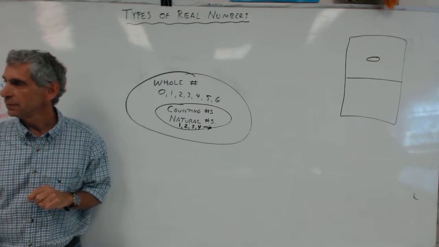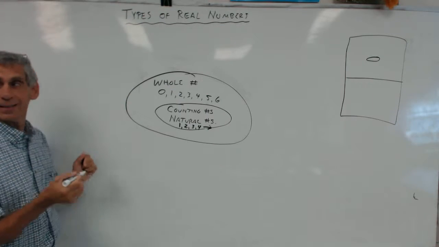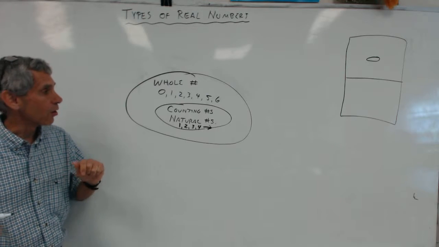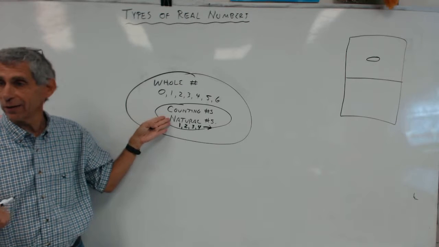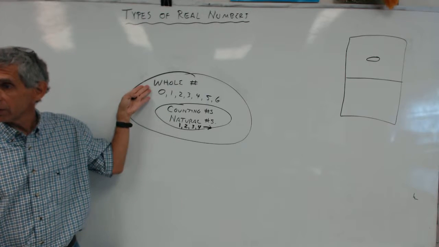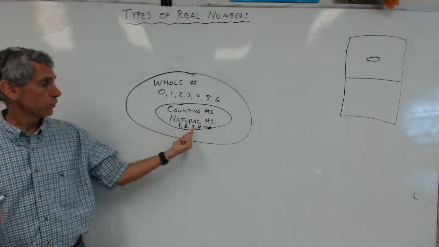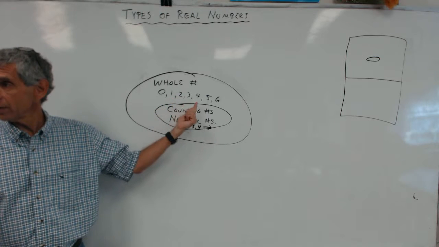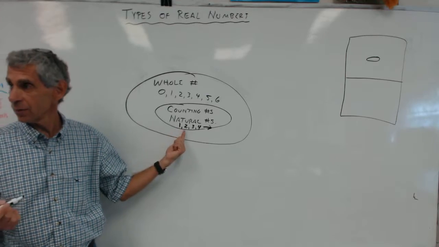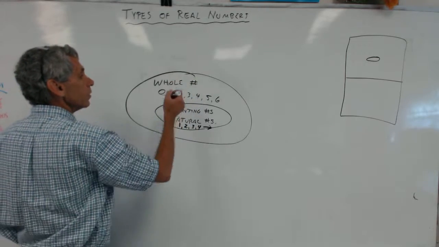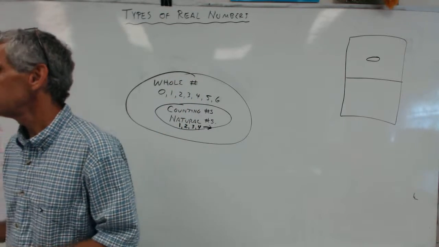See that? Okay. Now the cool thing is all the natural and counting numbers are also whole numbers, right? 1, 2, 3, and 4 are also part of the whole numbers. Do you see that? But the 0 is not part of the counting numbers or natural numbers. Now, are there fractions or decimals, or is it just counting?